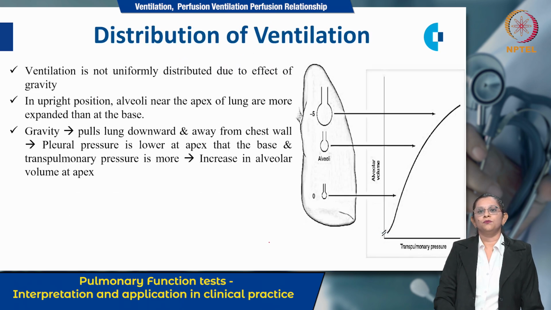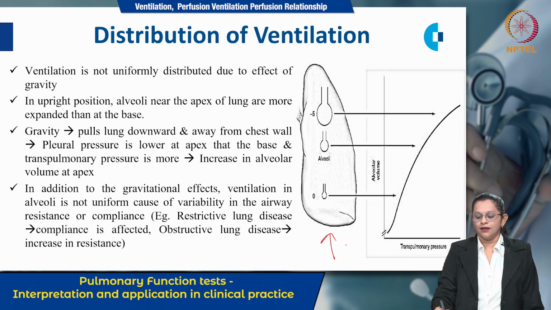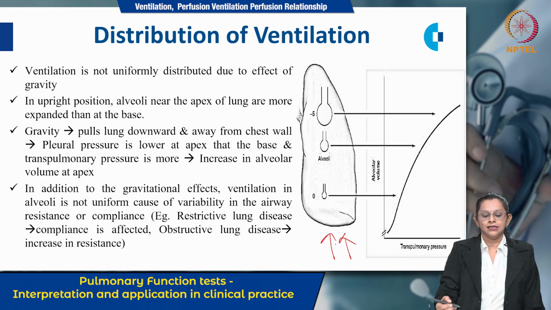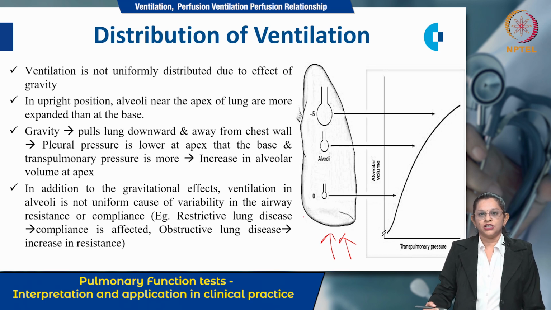Coming next to the distribution of ventilation. The air volume that enters into the lungs does not get evenly distributed. In a normal erect individual, the air that gets ventilated in the lungs depends upon gravity. When gravity acts on the lung, it pulls the lung downwards, away from the chest wall.